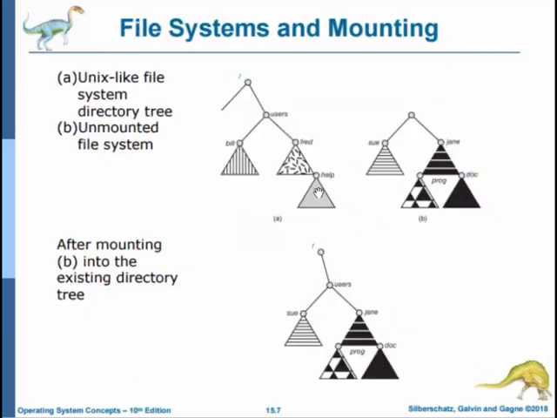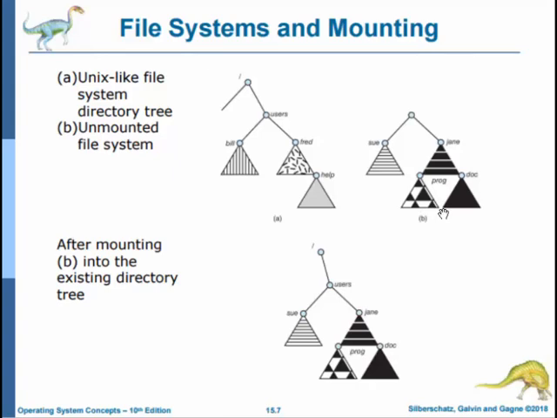Now, to illustrate file mounting, consider the file system depicted in these illustrations, where the triangles that you see here are the subtrees of directories. Figure A shows an existing file system, while figure B shows an unmounted volume residing on this particular device or disk.